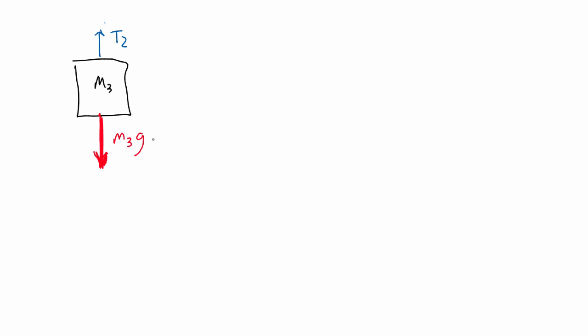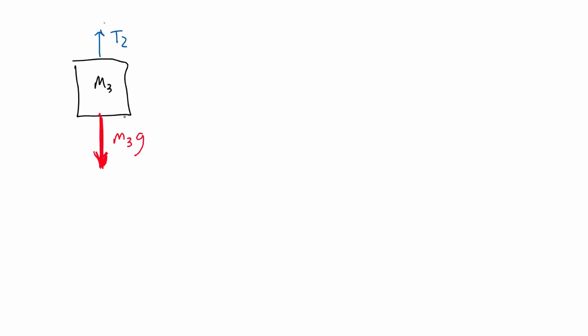If it's accelerating down, this has got to be greater than that. I'd say that's one of the most common mistakes, assuming the tension will be equal to that. The only way it will be equal to that is if this is doing what? It would have to be not accelerating. It would have to be moving down at a constant velocity, moving up at a constant velocity, or sitting still. That's the only time this tension will equal that weight.